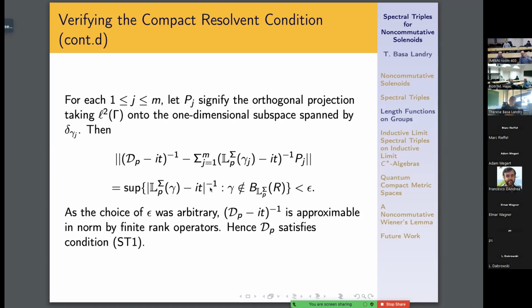The length function with these additional properties allows you to equip the non-commutative solenoid with a spectral triple. With an additional property, it allows that spectral triple to have additional properties like finite summability. And with yet some more properties, we could get ones that induce quantum compact metric spaces.